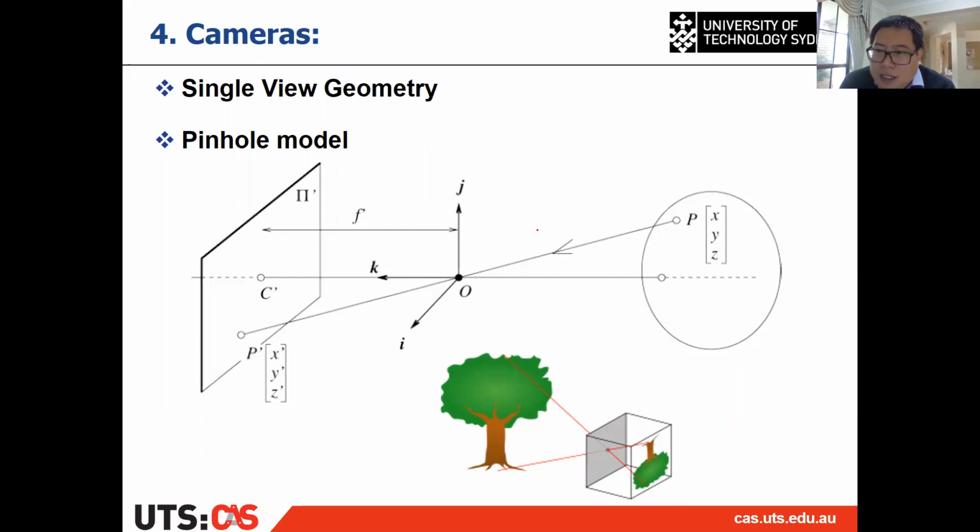In the 3D environment, you have a 3D point. Then on the image, you have a projection of that 3D point, which is a 2D point on the image. And how can you calculate this projection from a 3D point to a 2D point on the image? We introduced that, and it's quite important.